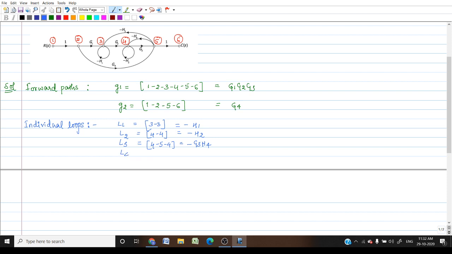Then loop L4 is 3, 4, 5, 3, and the loop gain is minus G2, G3, H3. So these are the different loops present.